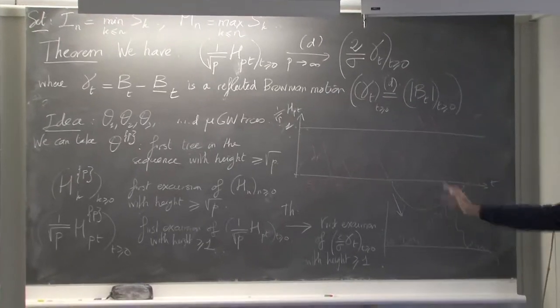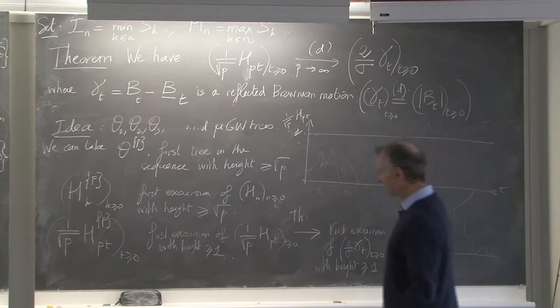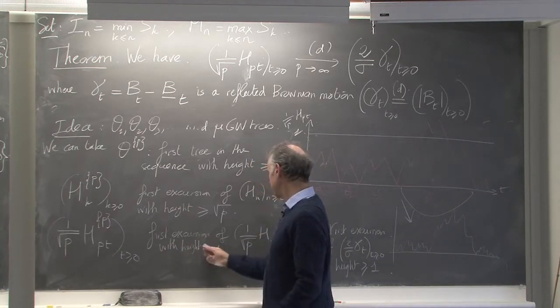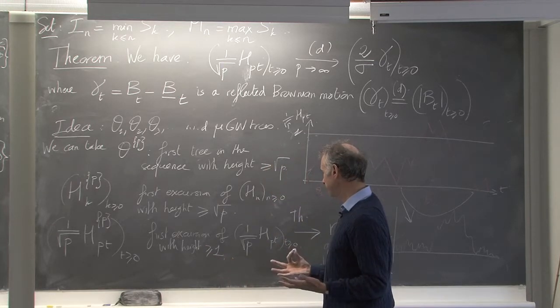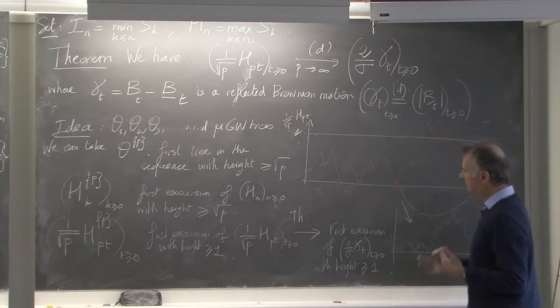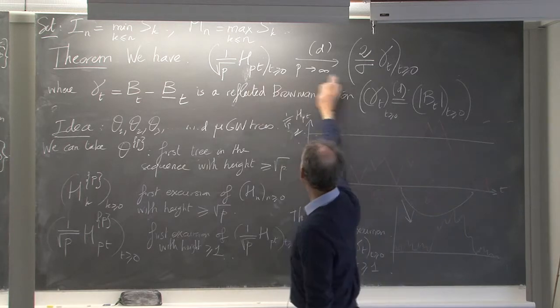Now, what is the weak part of the argument? There is a weak part, which is that the first excursion with height greater than 1 is not a continuous functional of the path here. Okay? So you cannot immediately use a theorem. You cannot just say this converges in distribution to this.